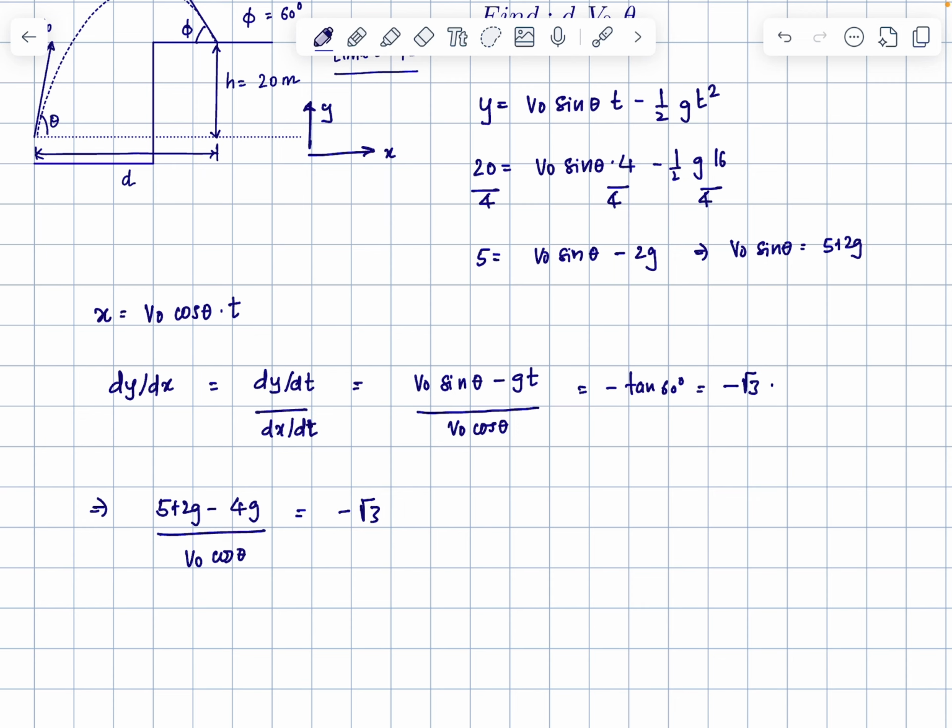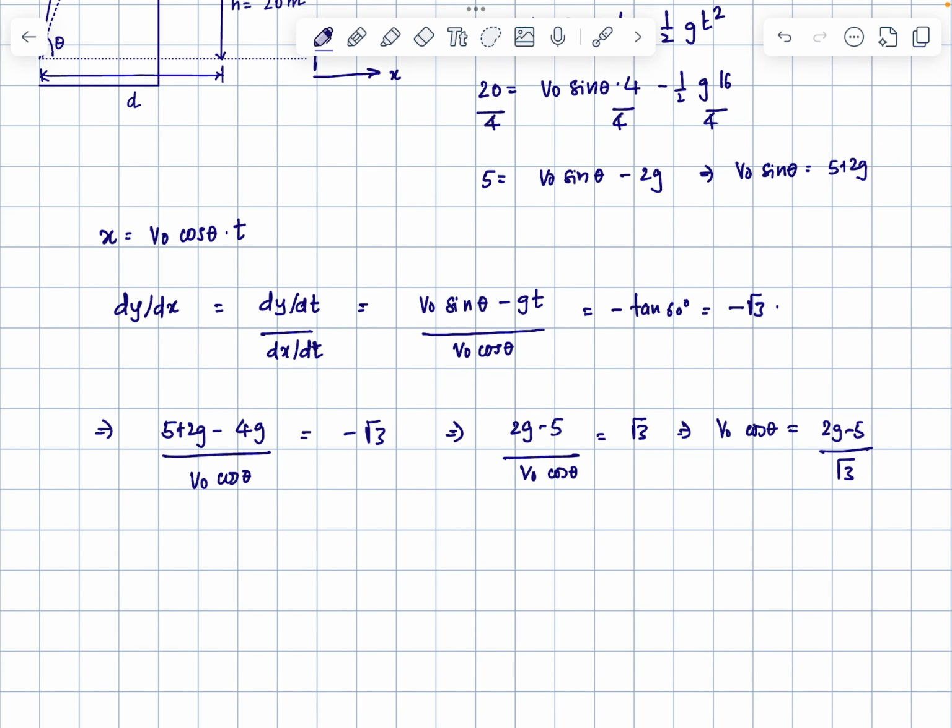So here we get 2g minus 5 divided by v0 cosine theta equals square root of 3, or v0 cosine theta equals 2g minus 5 divided by square root of 3. The nice thing here is that we know that v0 sine theta equals 5 plus 2g, and v0 cosine theta equals 2g minus 5 divided by square root of 3.